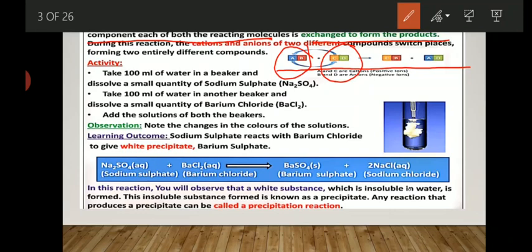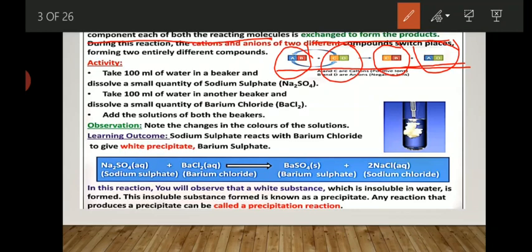A will take the place of C and C will take the place of A. After the reaction, C gets attached with B and forms CB as a product, and A gets attached with D and forms AD as a product. So this is how a double displacement reaction works.